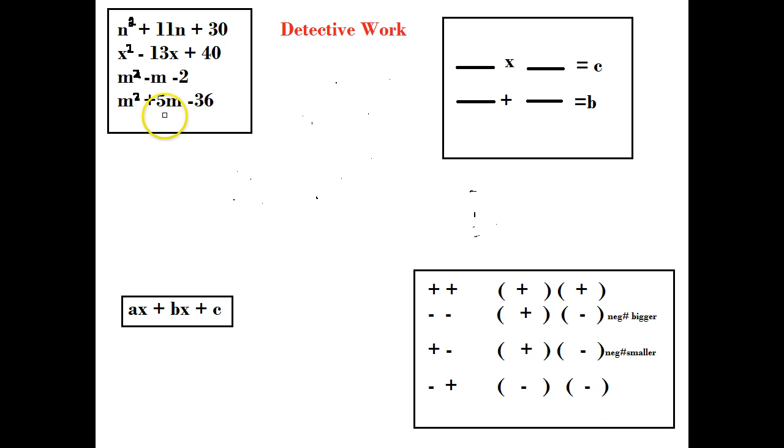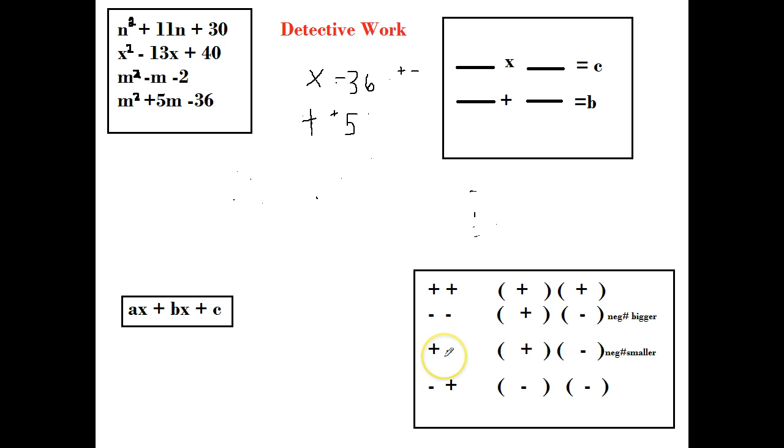Okay, our last one is this one on the bottom, m squared plus 5m minus 36. So we know that the two numbers we're looking for multiply to a negative 36 and add to a positive 5. Well, the only numbers that can multiply to a negative are a positive and a negative.